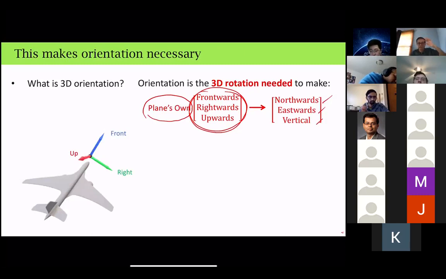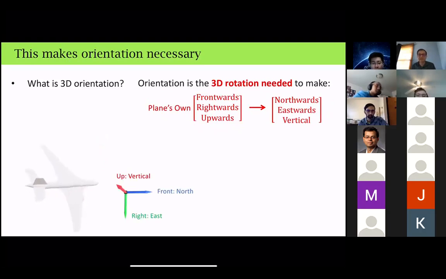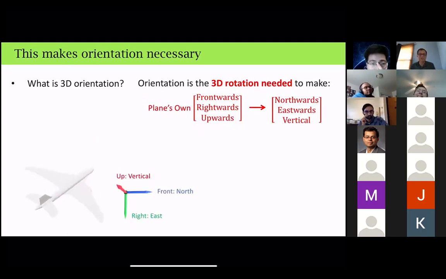The plane is in some orientation. That orientation is the plane's own XYZ or the IMU's own XYZ. We do not know that orientation. But suppose the plane rotates. You should look at this animation if you didn't see this, because my students spent a lot of time doing this. The plane rotates such that the plane's local XYZ axis aligns with north, east and vertical.